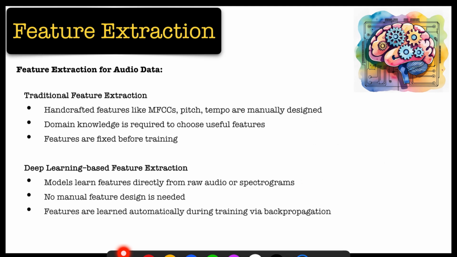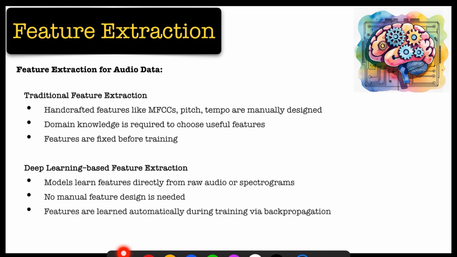Now, traditional feature extraction for audio data includes a few handcrafted features like MFCC, pitch, tempo. These are manually designed, so domain knowledge is required to choose these useful features. Features are fixed before training. Before training, we collect the features and then we do the training.